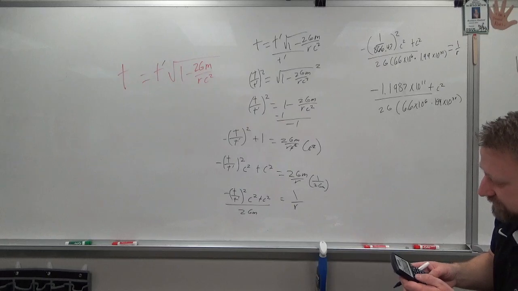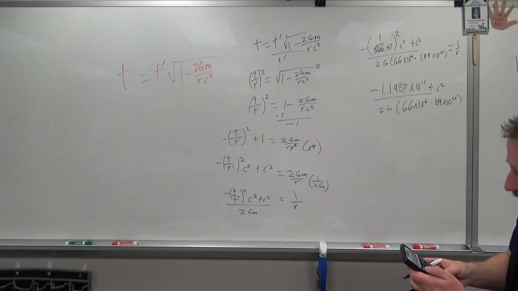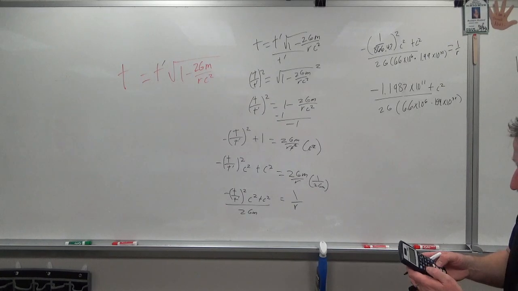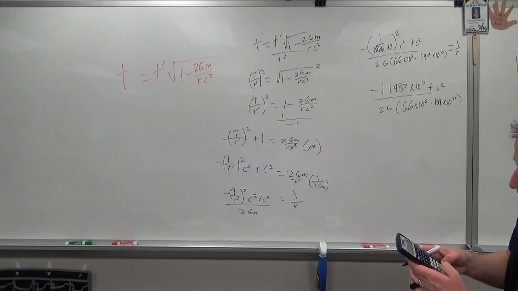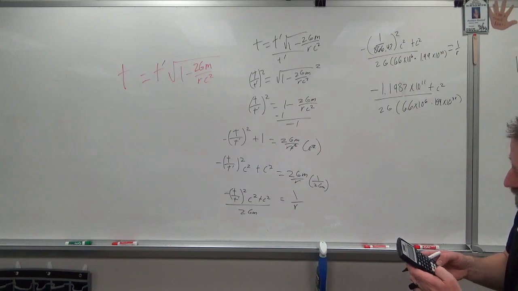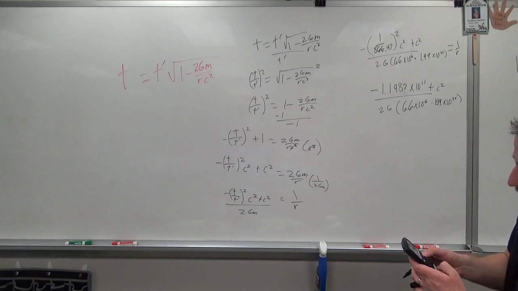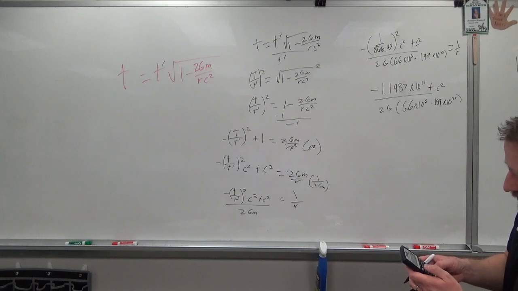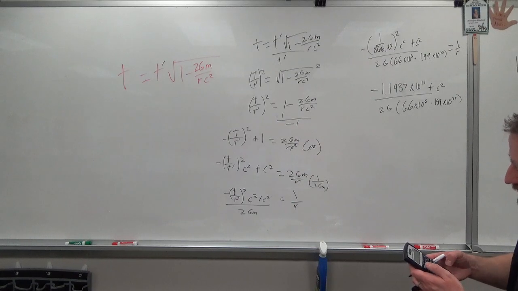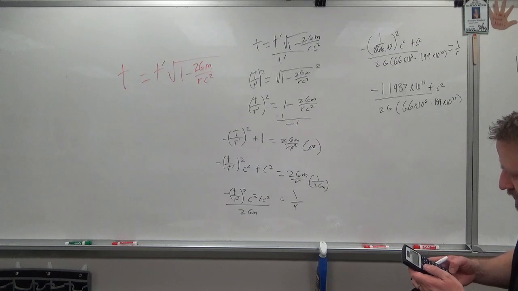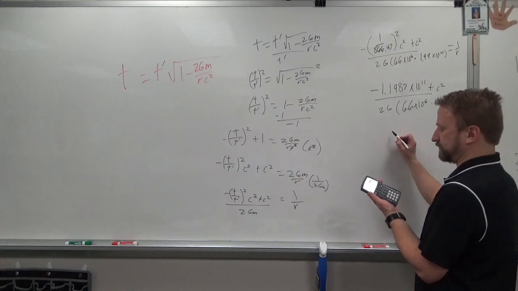So we're going to do this again. 1 divided by 866.447 squared times 3 to the 8th squared. Oh, we need to make sure I'm putting it in parentheses. Okay. Now I can add 3e to the 8th squared. I got the same number.